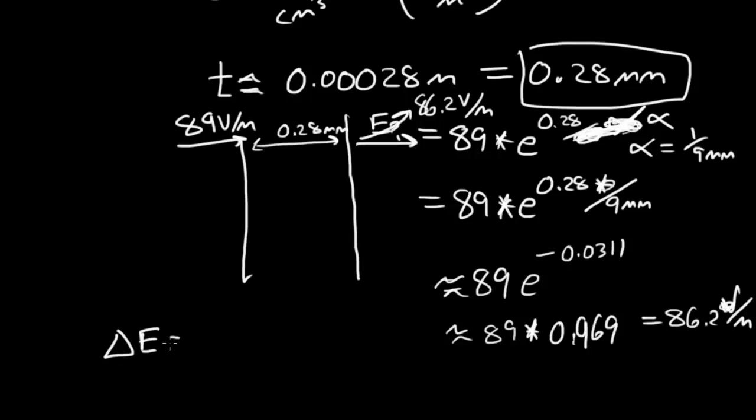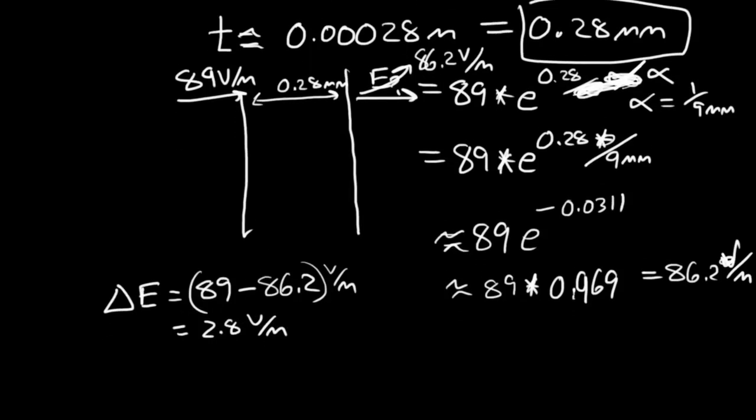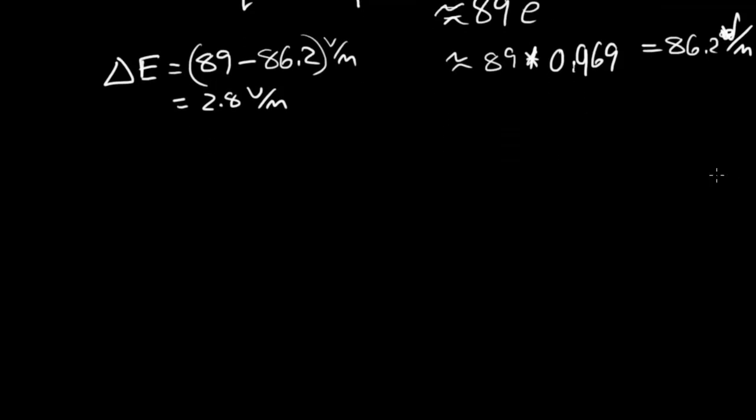So the delta electric field is 89 minus 86.2 volts per meter, which is equal to 2.8 volts per meter. That's the decay of the electric field in that volume. How much power is involved with this decay?